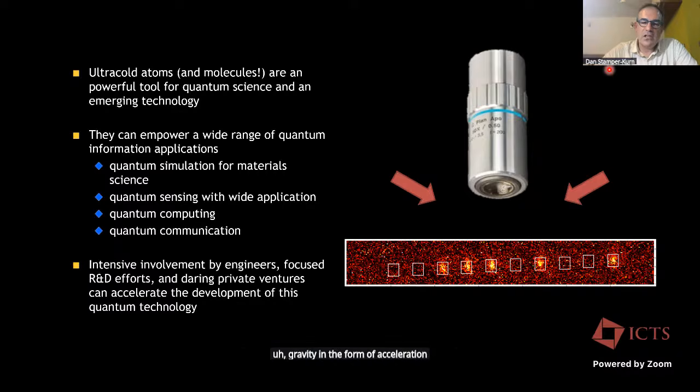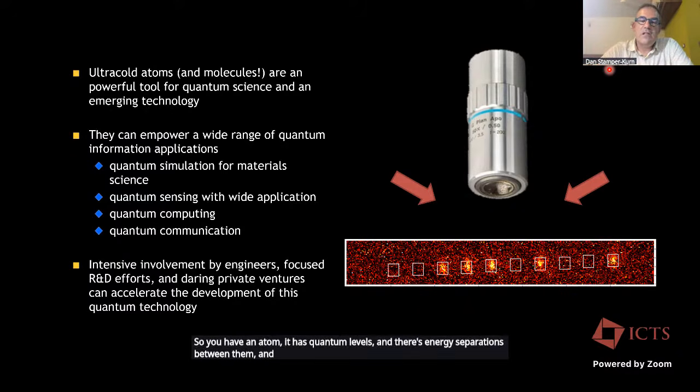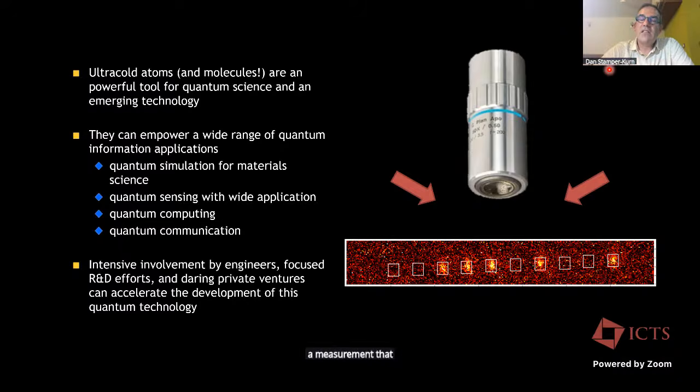They're sensitive to electric fields. They can also have an energy separation that is just a fact of life, and that energy separation is maybe something you just want to measure, let's say, to determine time. So you have an atom, it has quantum levels, and there's energy separations between them, and then you need to make a measurement that's sensitive to that energy difference.